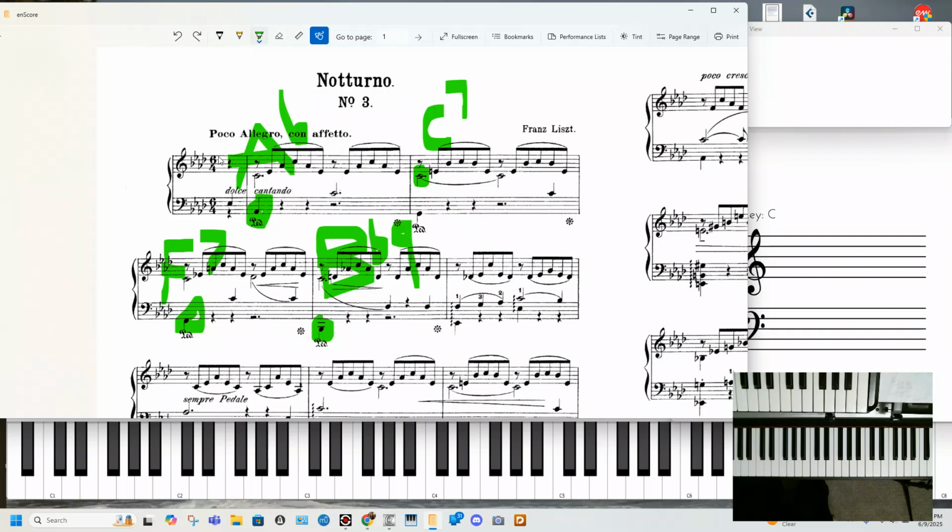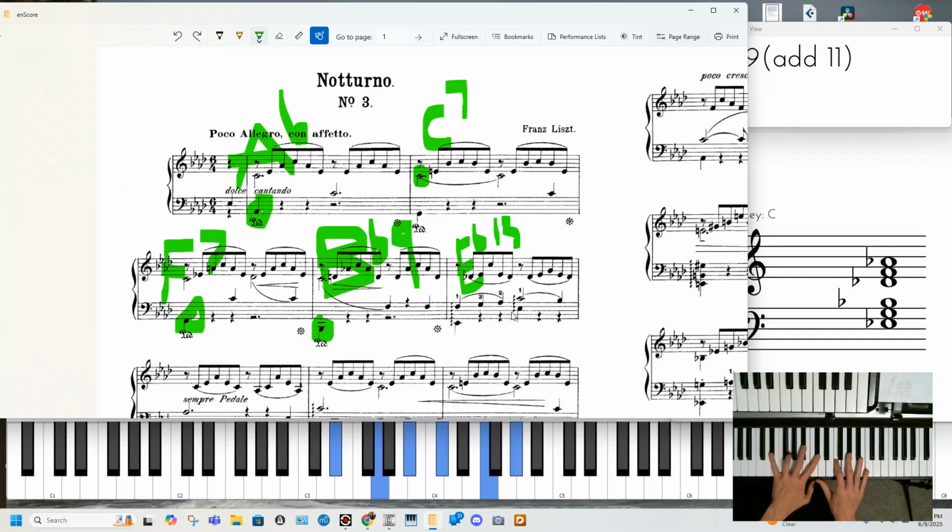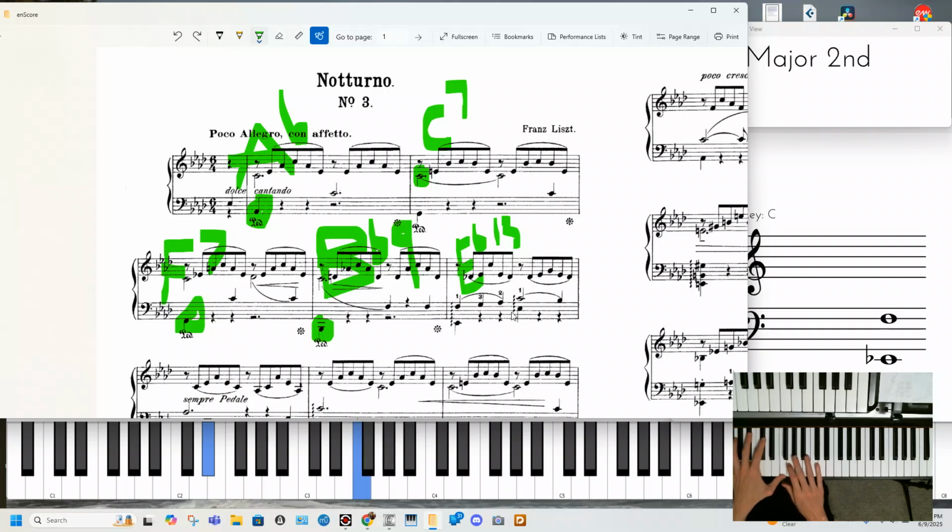And so this would be, let's go smaller here, an E flat 13th chord, although there's no 11 and well, there's kind of a 9 in the left, passing through the left hand, and kind of an 11th in passing as well, which is quite brilliant.